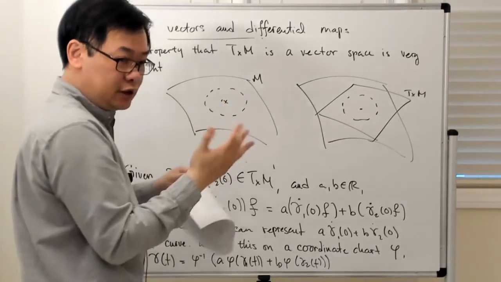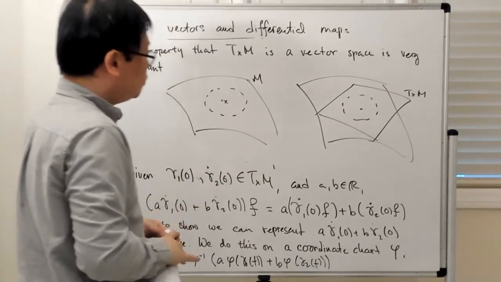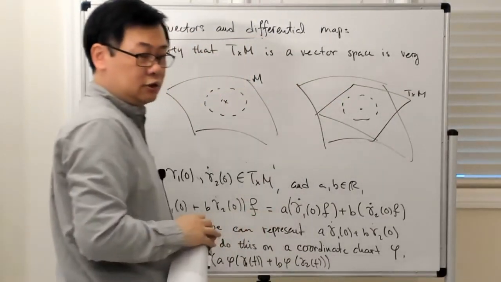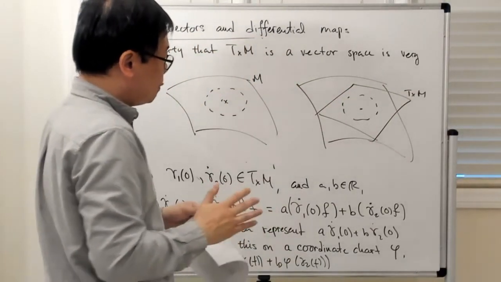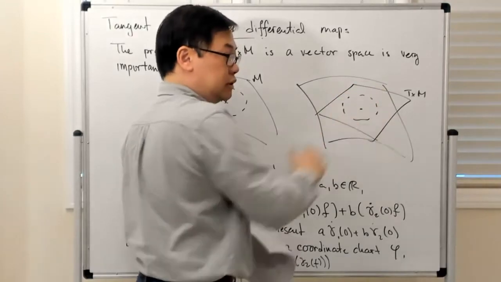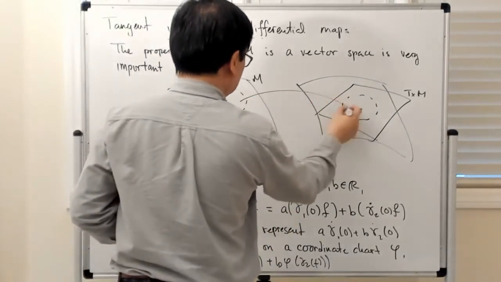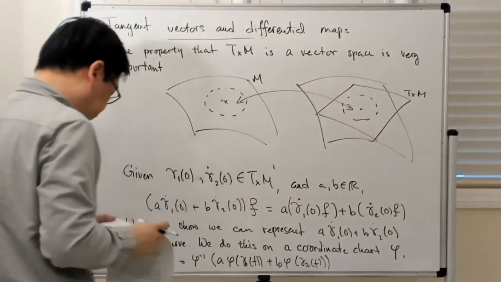There's no notion of addition, no linear space structure to work with. On the other hand, this neighborhood of the origin on the tangent space to M is a vector space, and then we can do all the usual linear operations you might have. Okay, and so we want to make this kind of identification.